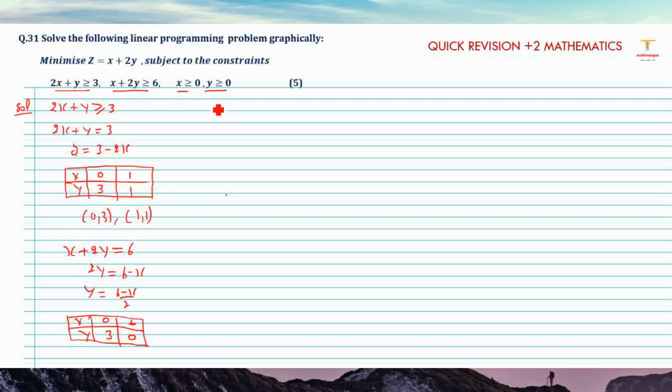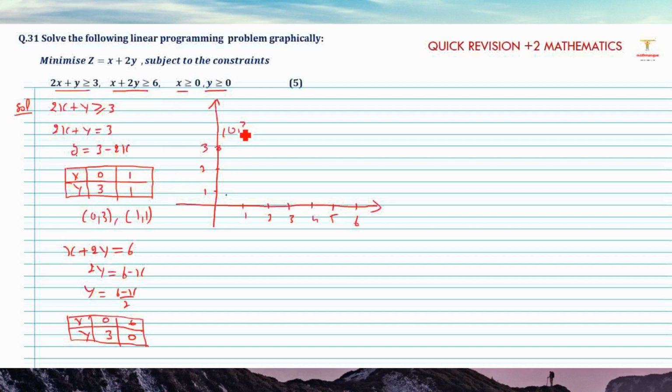So let me draw a graph. It means we are in the first quadrant only, because x is greater than 0, y is greater than 0, and you take first this line. See, this point is 1, this point is 2, this point is 3, here it is 1, 2, 3, 4, 5, you can take 6. Now this first line is passing through 0 comma 3. So I am putting here 0 comma 3, and it is also passing through 1 comma 1.